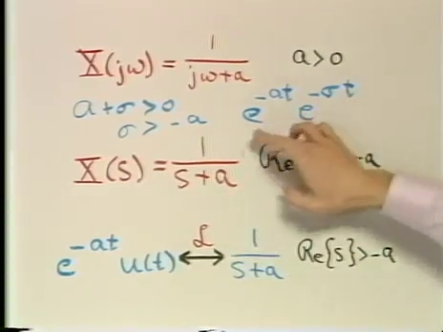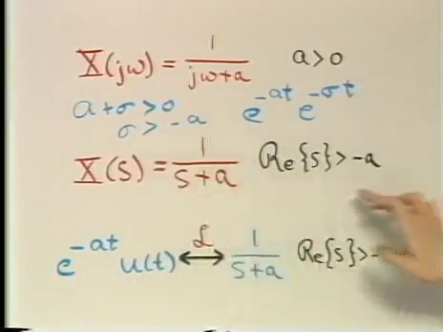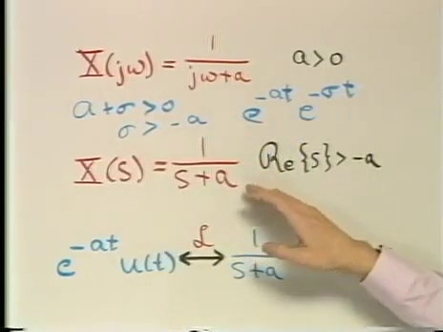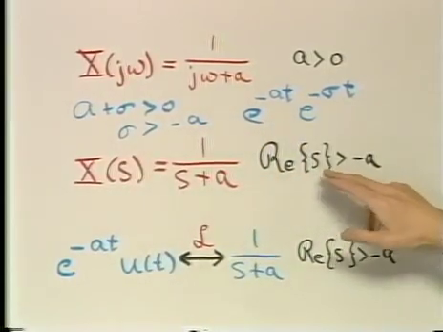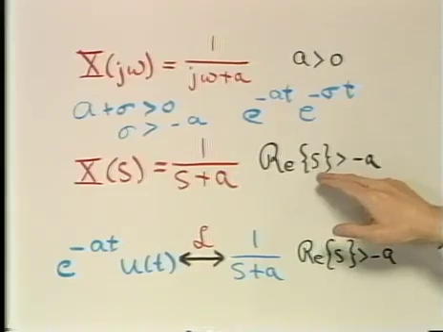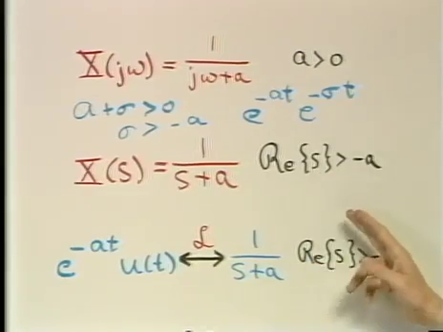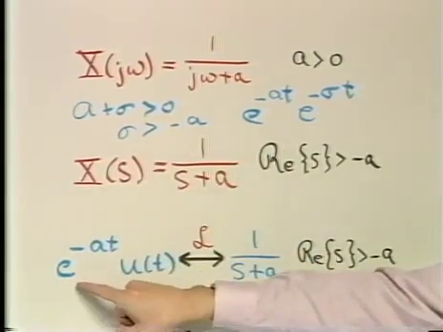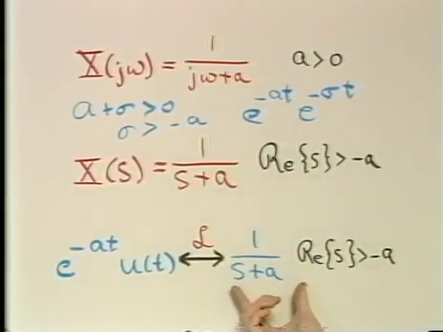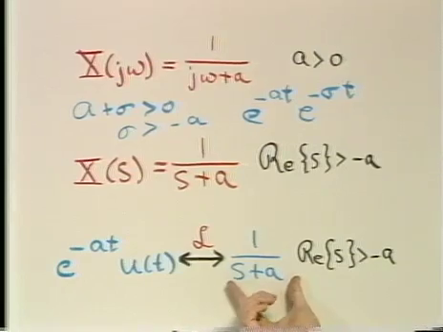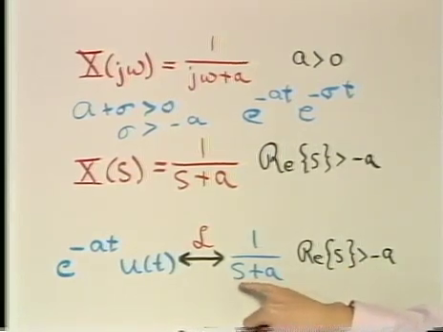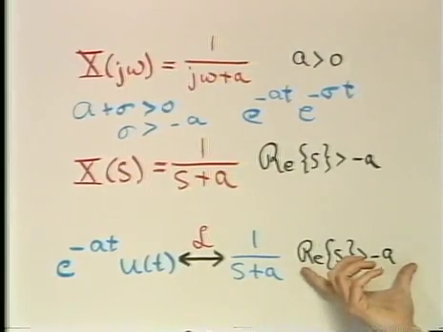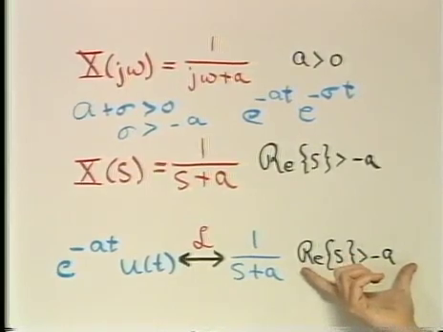So it's important to recognize that the algebraic expression that we get is only valid for certain values of the real part of s. And so for this example, we can summarize it as this exponential has a Laplace transform which is 1 over s plus a, where s is restricted to the range, the real part of s greater than minus a.